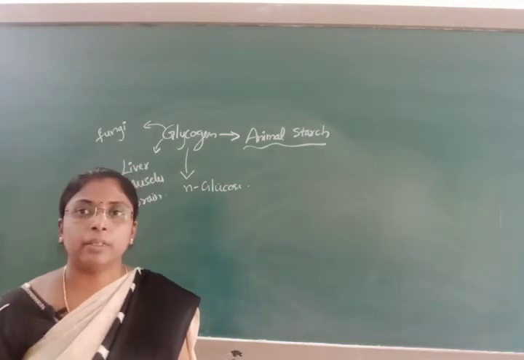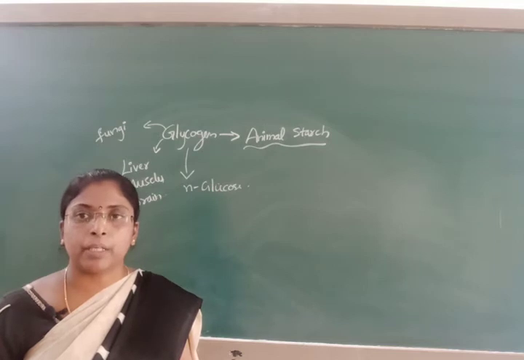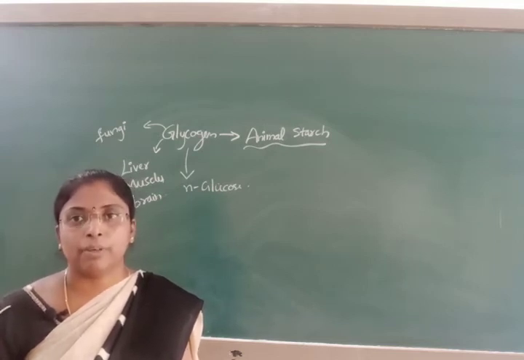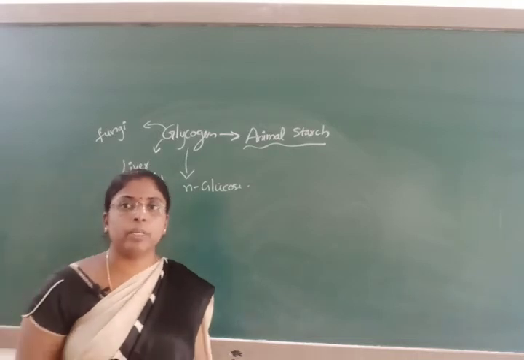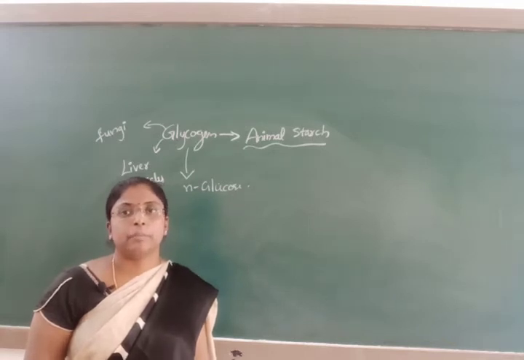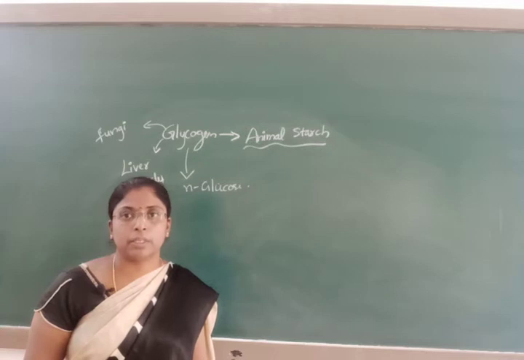But here it is highly branched, because branching takes place after every 8 to 10 alpha glucose units, whereas in case of amylopectin, after 20 to 30 glucose units the branching occurs.